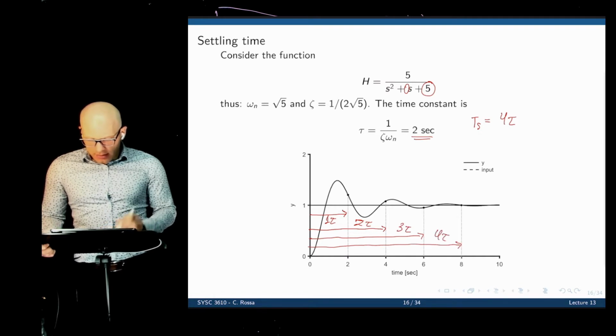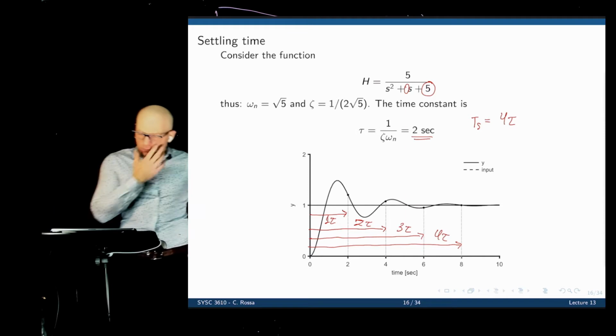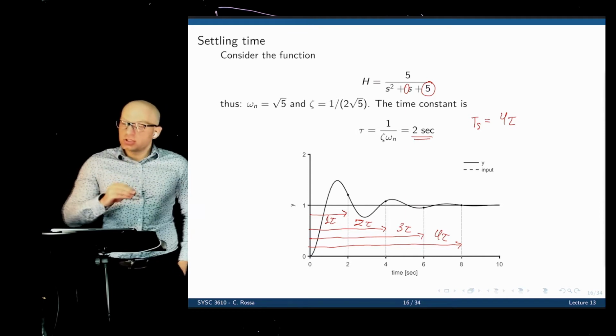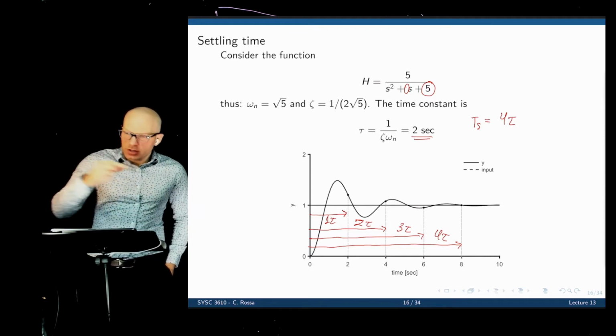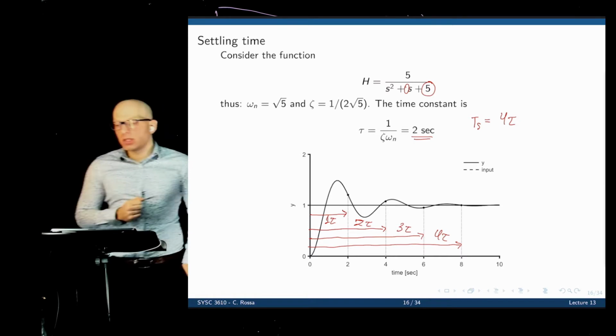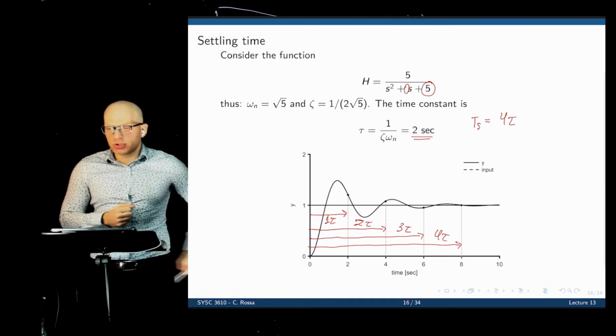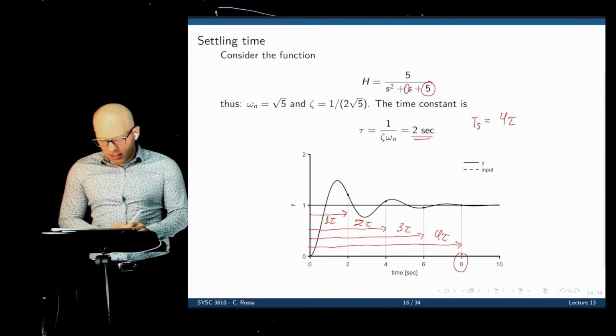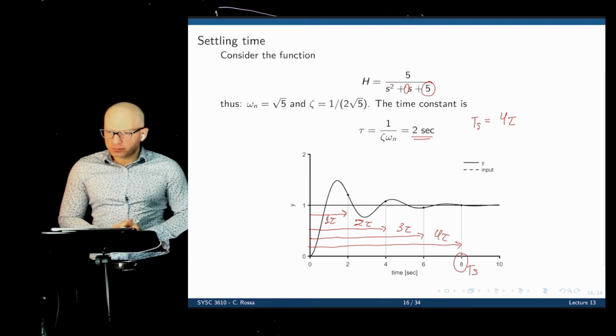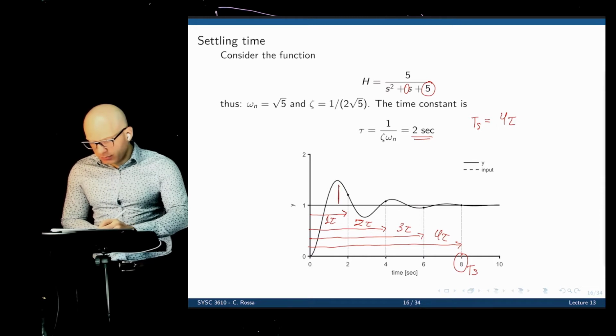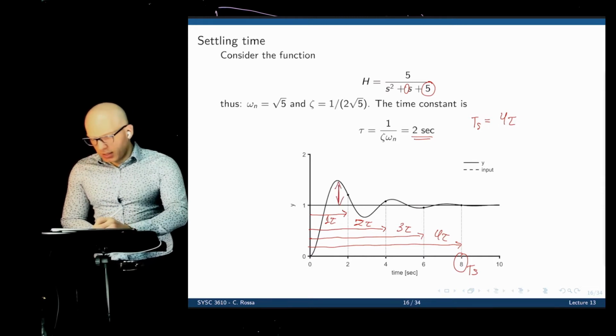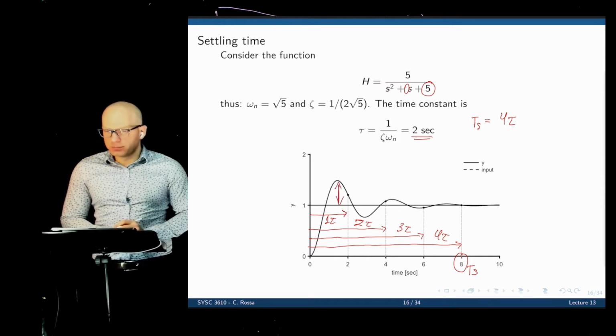And you see that precisely when we reach the 4 time constants, the oscillations are very small around the final value of 1, and the system has reached indeed the steady state. The settling time is right there. Okay, overshoot is here. You could calculate that as well based on zeta. Okay. Any questions?